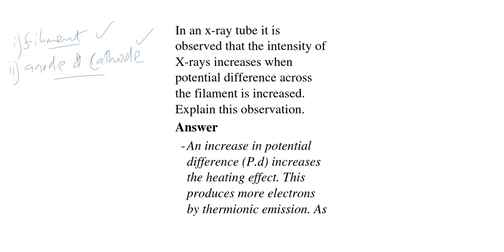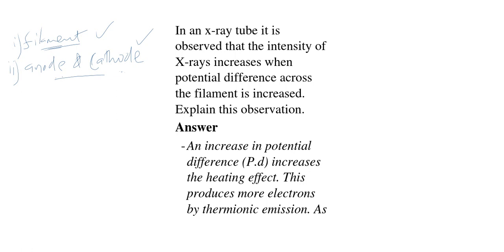Why? Because this potential difference across the filament, we know that the use of the filament is to heat the cathode in order to produce electrons, and the need for the potential difference across the anode and the cathode will be for the acceleration of the electrons.